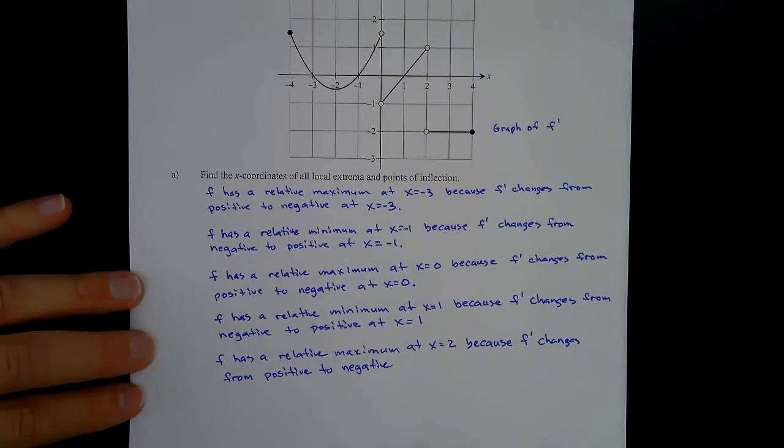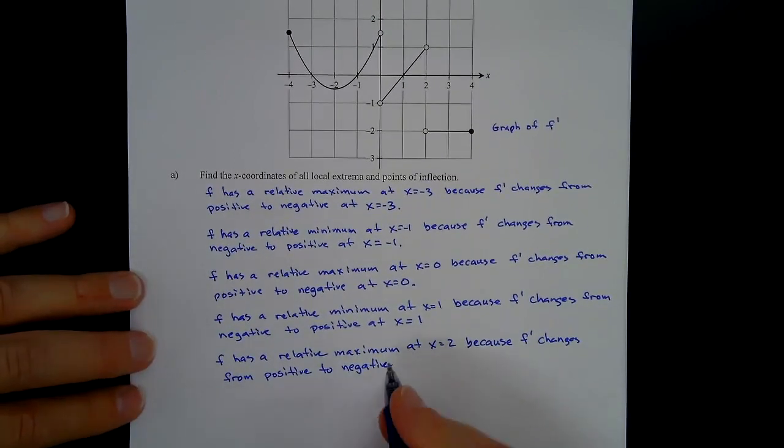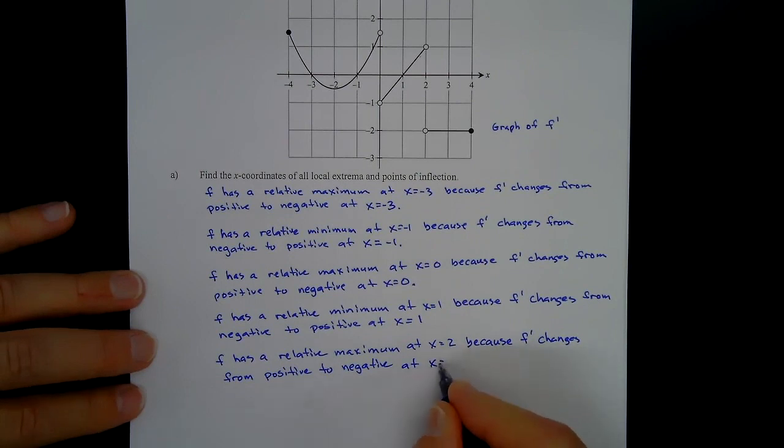And I just realized you can't see it. So it changes from positive to negative at x equals 2.